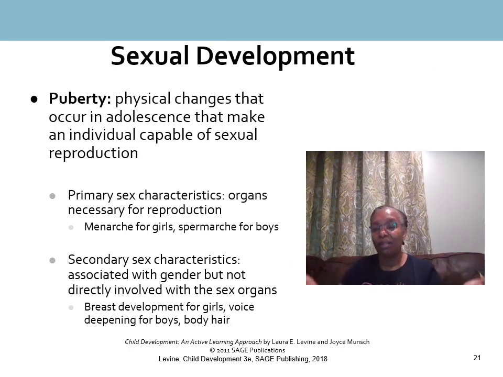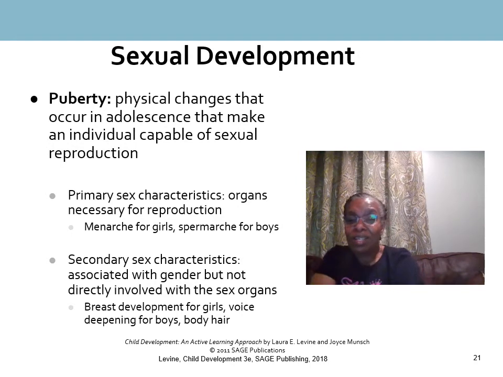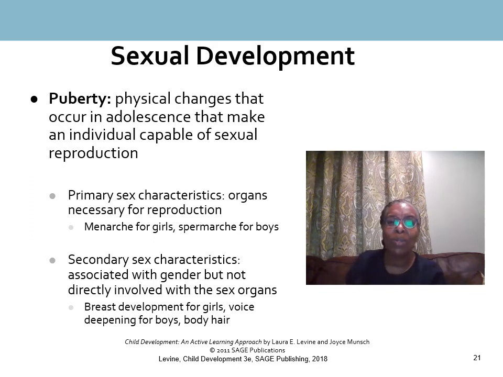All right, so we're getting to that point where we're out of infancy, we've moved into early childhood, we've gone through some of middle childhood, and now we're coming to what we call prepubescence. These are the years immediately before puberty, when all these hormonal changes will start.